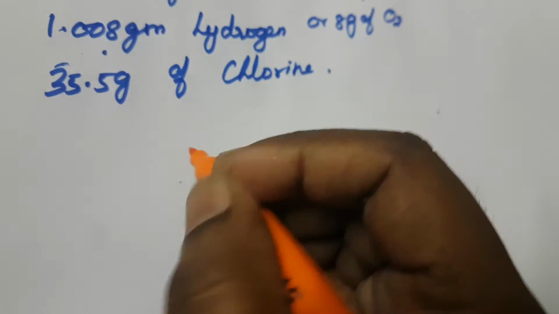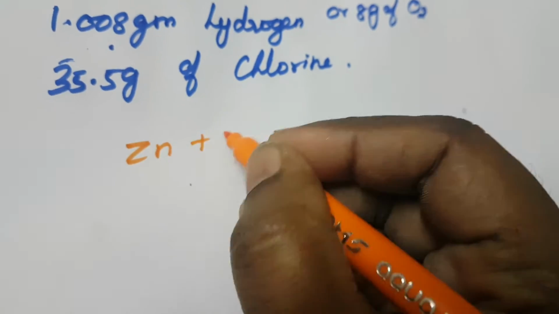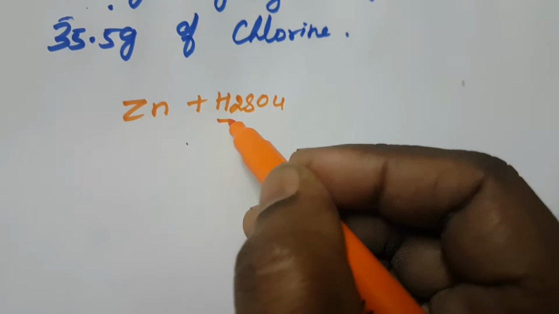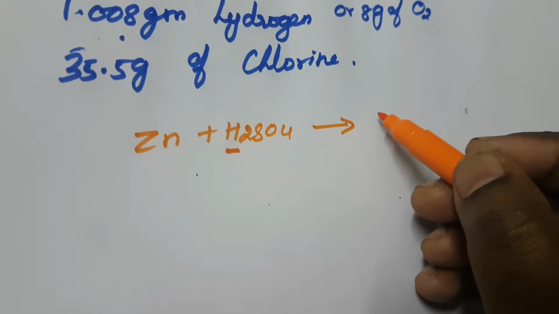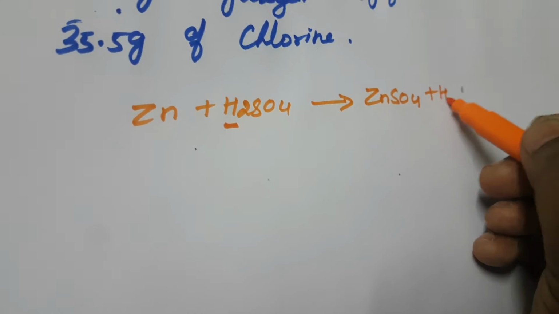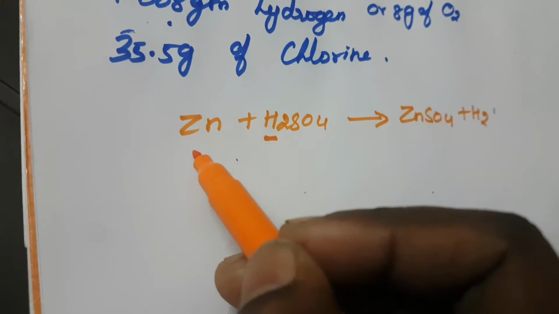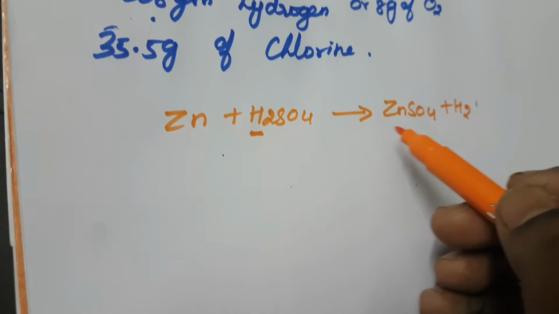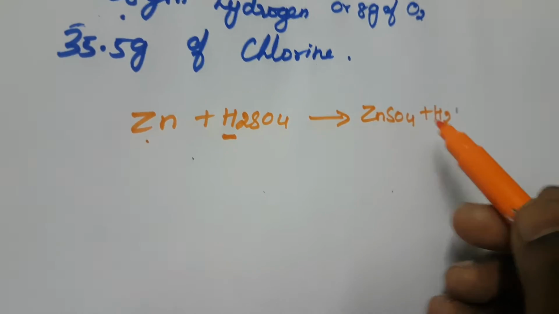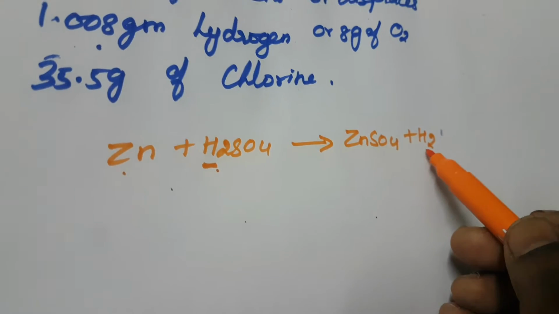First, as an example, zinc reacts with sulfuric acid, and hydrogen is displaced, giving zinc sulfate. How to read this equation? 1 mole of zinc reacts with sulfuric acid to be converted into zinc sulfate. 1 mole of zinc replaces 1 mole of hydrogen.